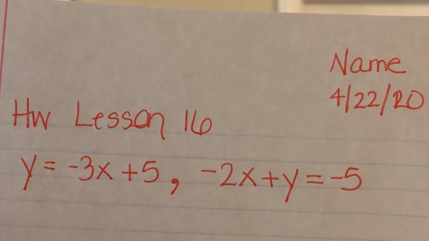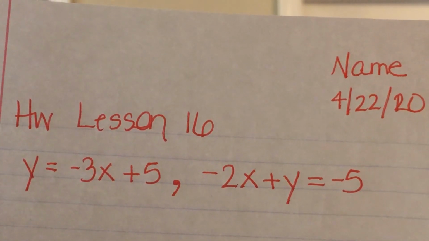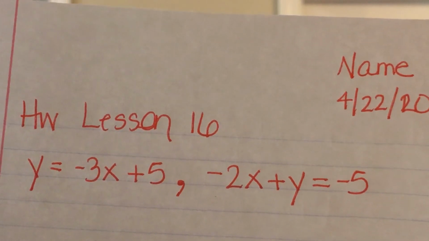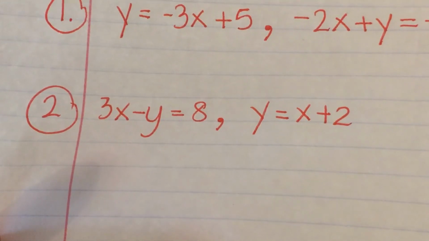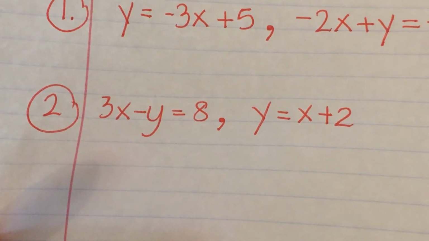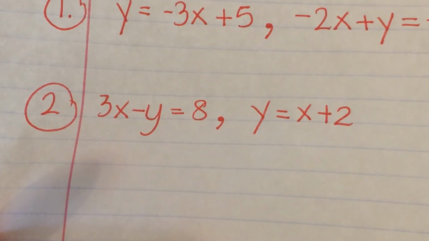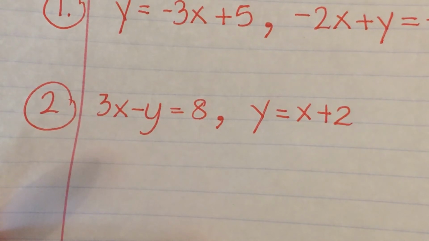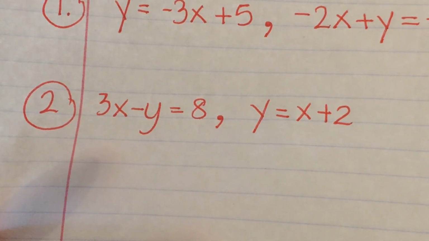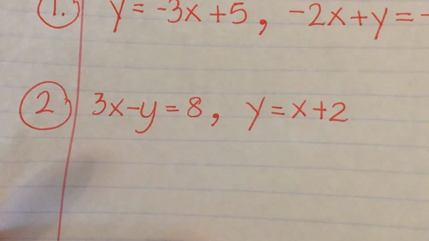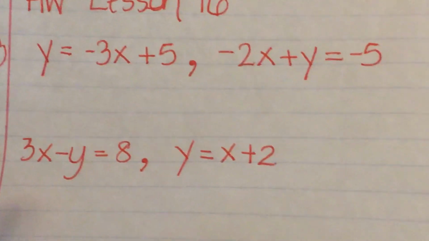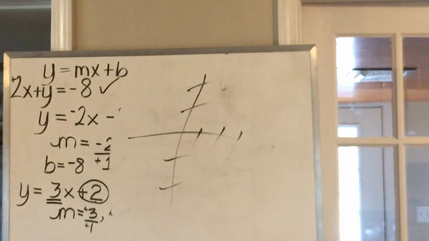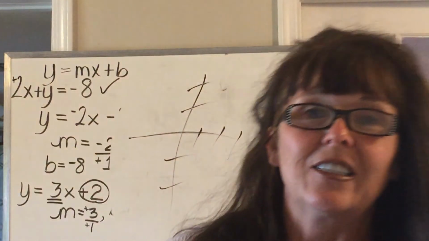Graph those, and they should cross at a point. And then the second one, I tried to pick stuff that wasn't too out of range, like -30, 45. Ooh, that would have been hard. Okay, just easy graphing.